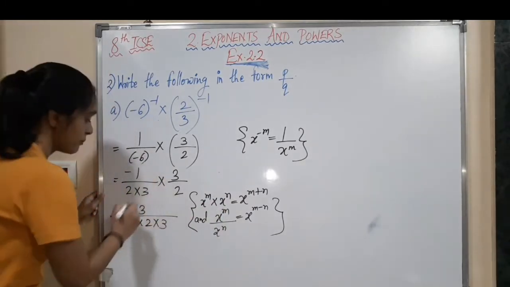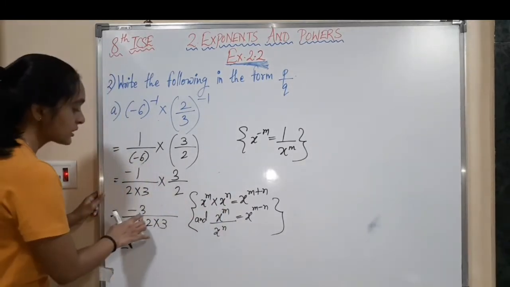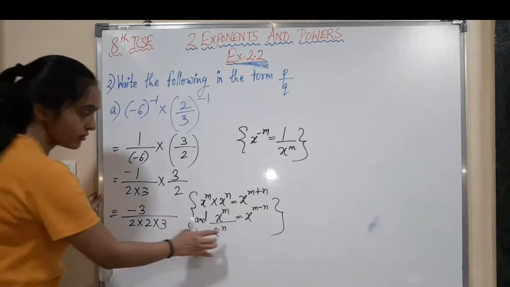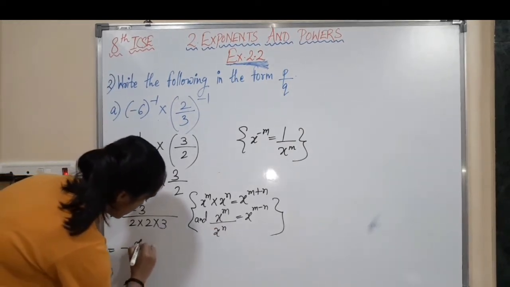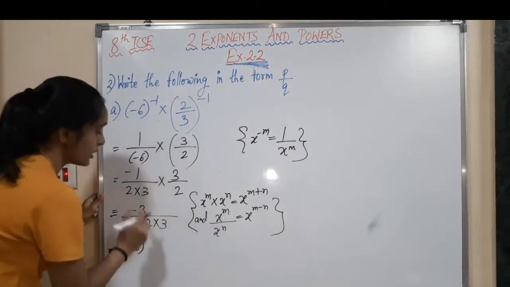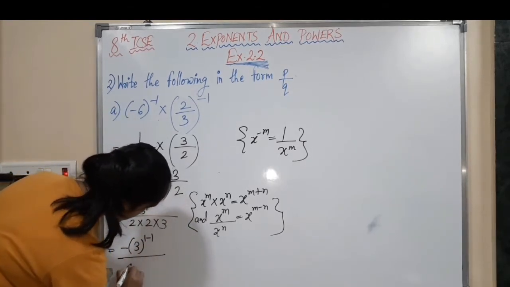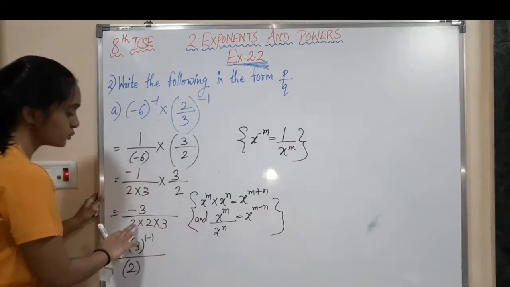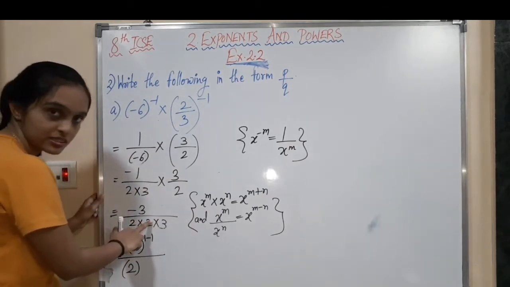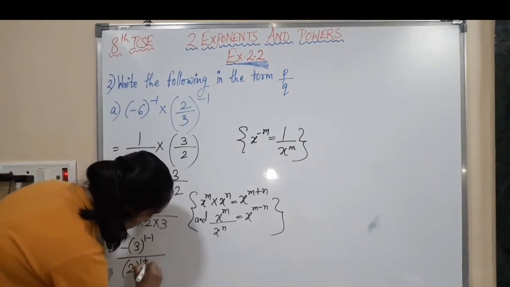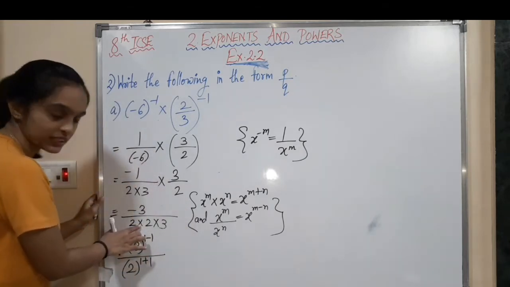So, minus we will keep as it is. For 3 upon 3 we will use 3 raised to 1 minus 1 upon 2 raised to 1, and here again 1 is there, so 1 plus 1 as it is a multiplication sign here.